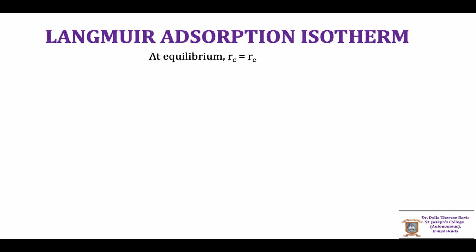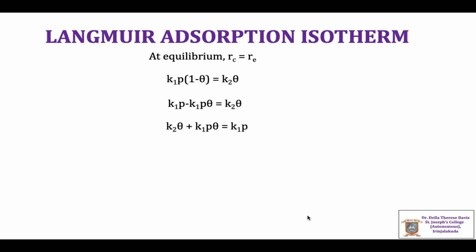According to the Langmuir's theory of adsorption, at equilibrium, the rate of condensation will be equal to the rate of evaporation. Thus, Rc is equal to Re. Substituting for Rc and Re from equations 1 and 2, we get K1P into 1 minus theta is equal to K2 theta. That is, K1P minus K1P theta is equal to K2 theta.